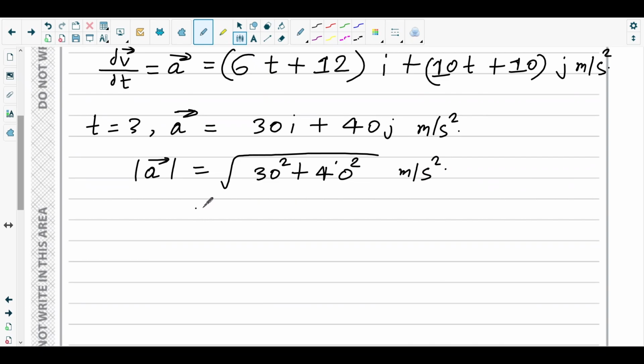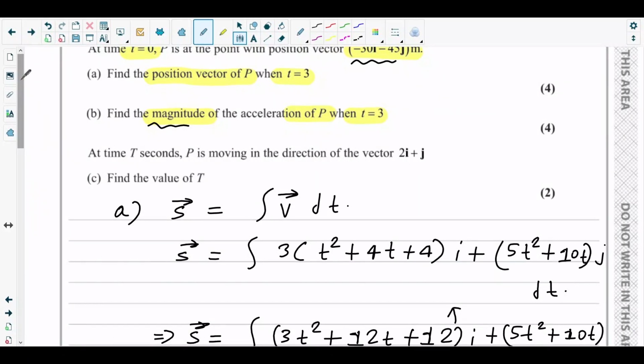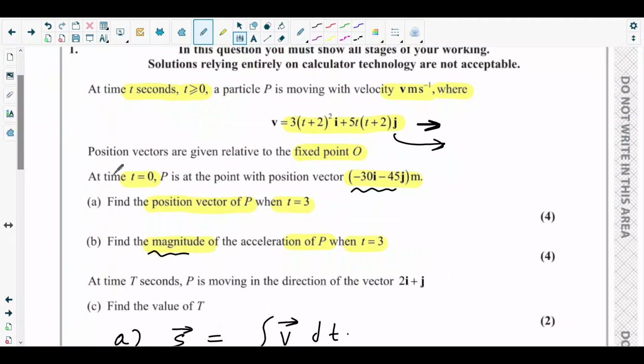So 30 squared is 900, and 40 squared is 1600. The sum is 2500, so the square root of 2500 is exactly 50 meters per second squared. That's the magnitude of the acceleration of the particle P at time t equals 3 seconds. That's the answer for part B.